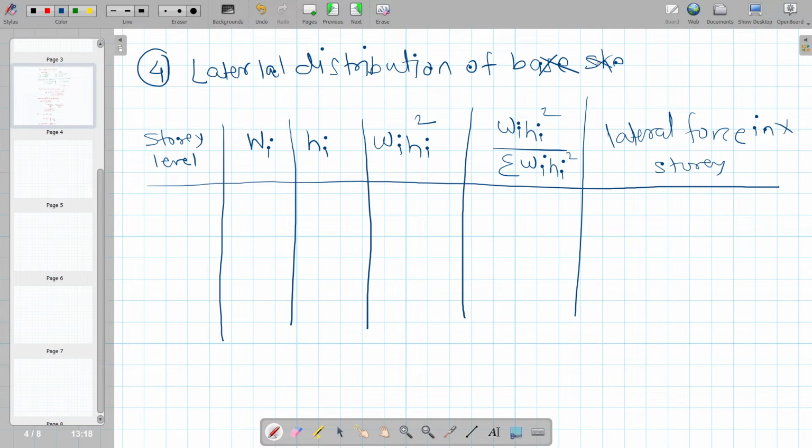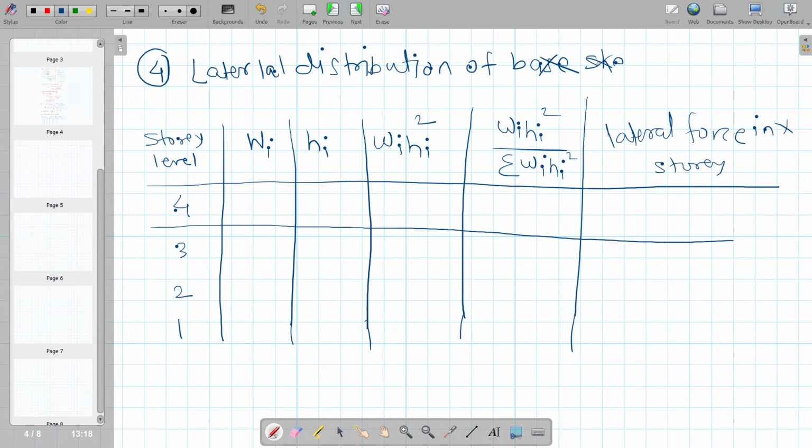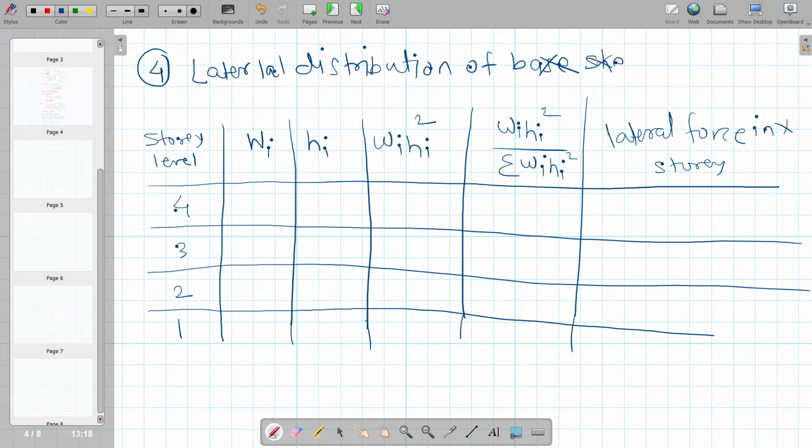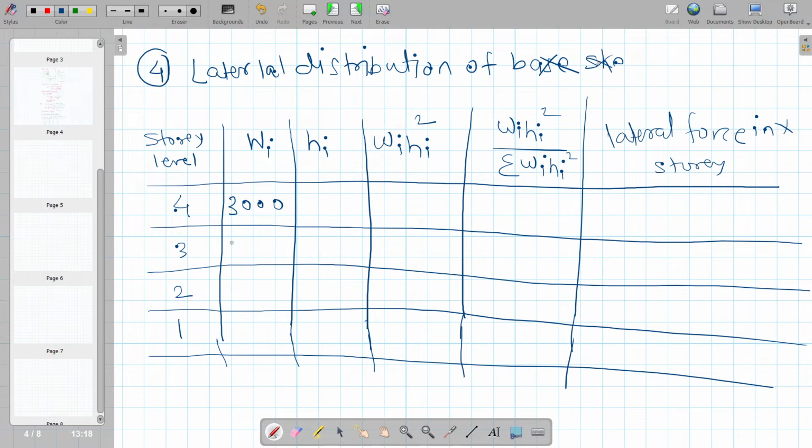Okay, story level: we know that our structure is 4 story. So 4, 3, 2, 1. The weight on the final floor is 3000. Here it is 4200, here also 4200, here also 4200.